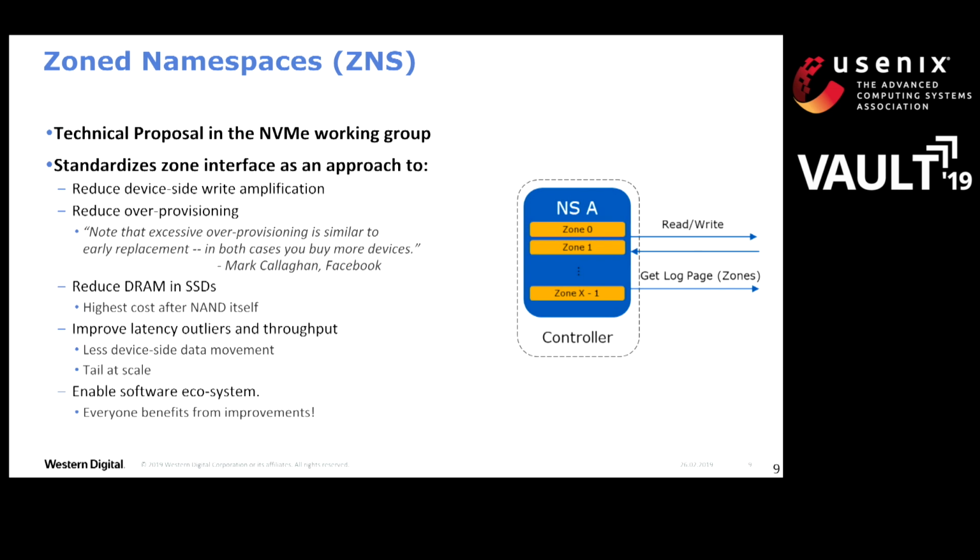So if you think of the fact that you have an LBA number 42 and you just keep writing to it again and again because you're using an old Berkeley fast file system or ext234 that's just writing the super block or the block cylinder group headers again and again, that means for the flash device, it has to remap it to a different place every time, creates a hole in its other physical block, and we massively increase the amount of data we need to write because we need to keep track of it.